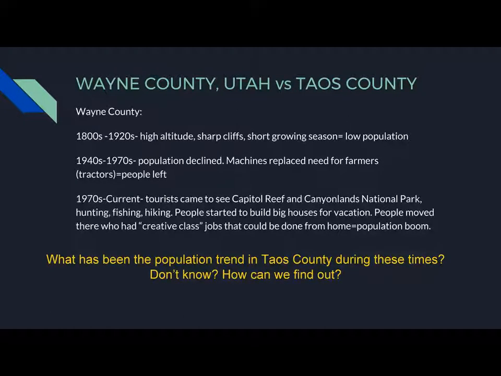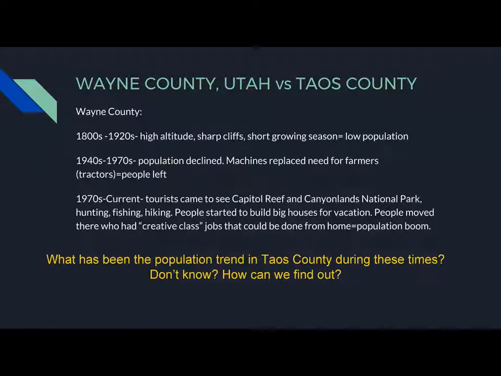And then people who had these creative class jobs, we talked about that. So people who can do consulting from far away, that don't necessarily need to live in the town where their employer is. They can live in their beautiful vacation home for part of the year and still work from the internet. And so you started to see a lot of people moving in who were more of the creative class.